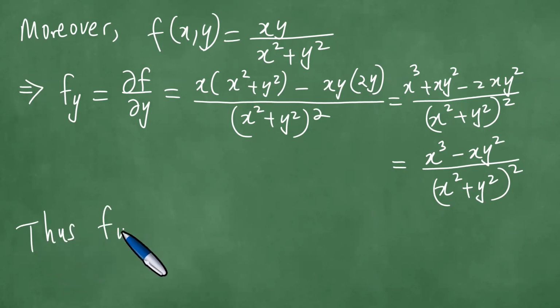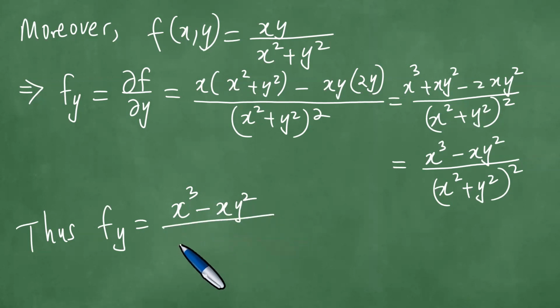Thus we have that f sub y is the same as x cubed minus xy squared, divided by x squared plus y squared, and you square these.